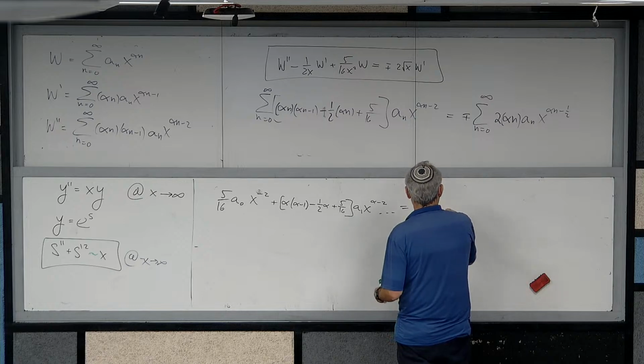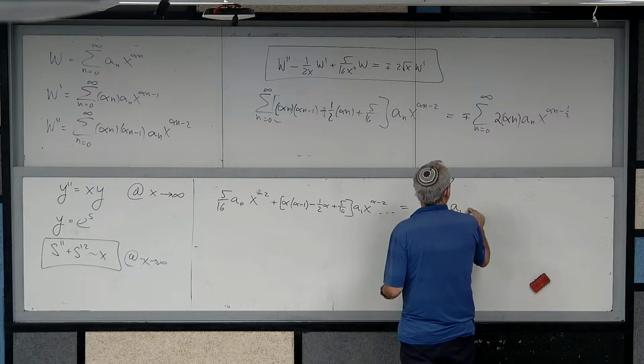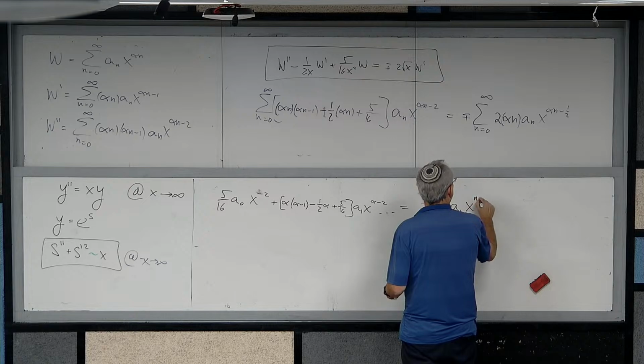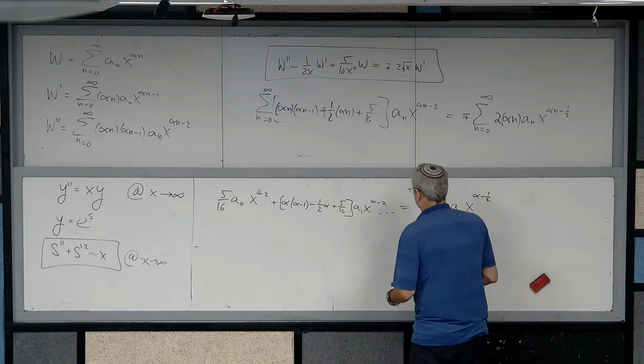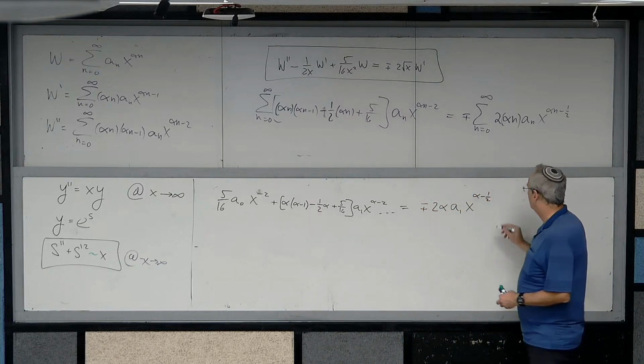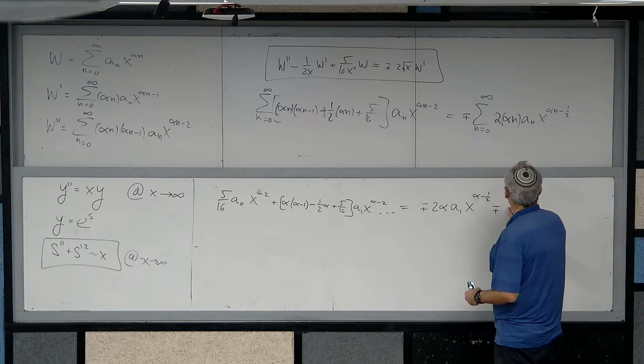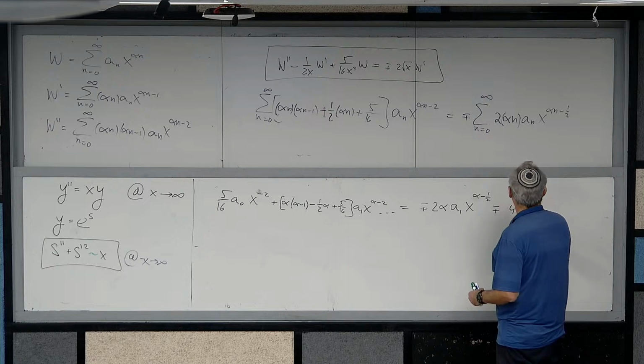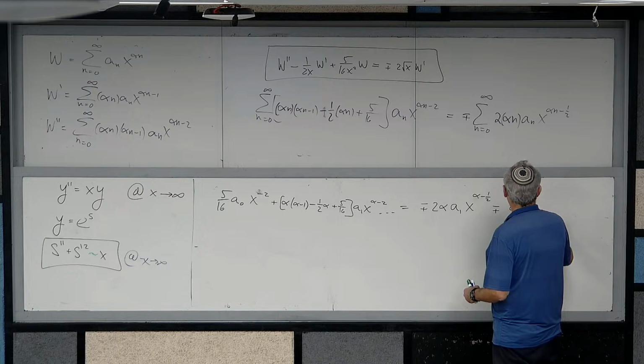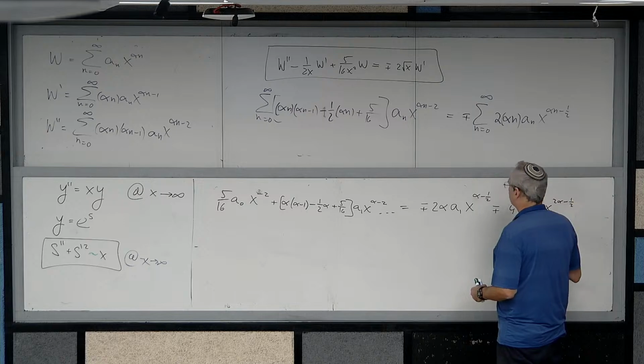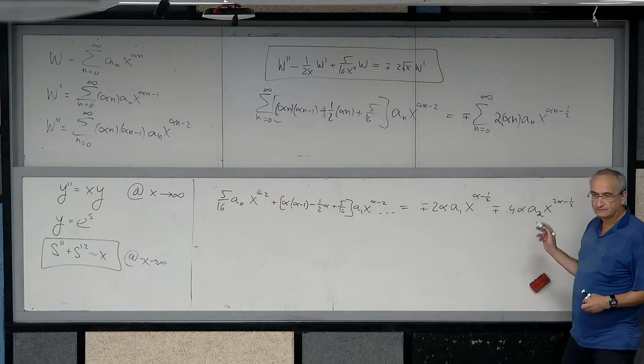Minus plus 2 alpha a_1 times x to the alpha minus 1/2, then minus plus 4 alpha a_2 times x to the 2 alpha minus 1/2, and so on and so forth.